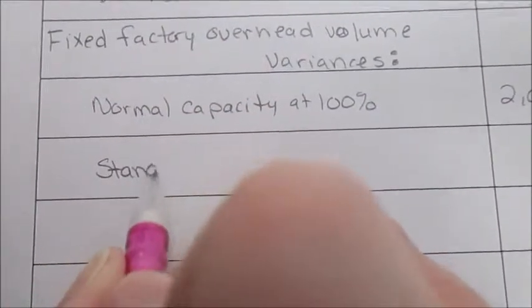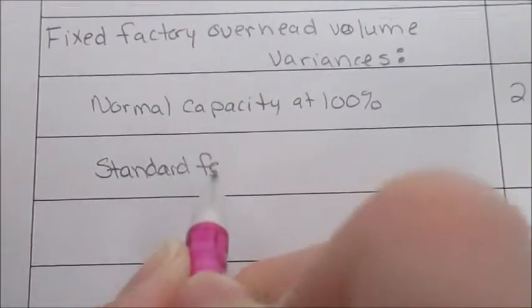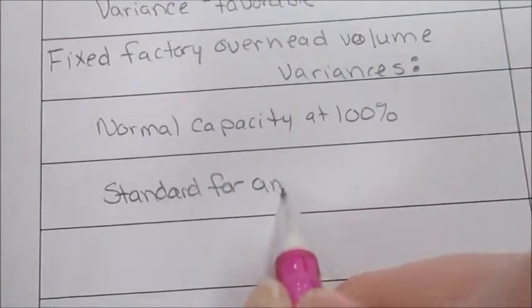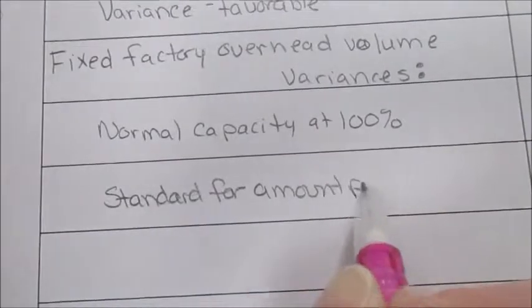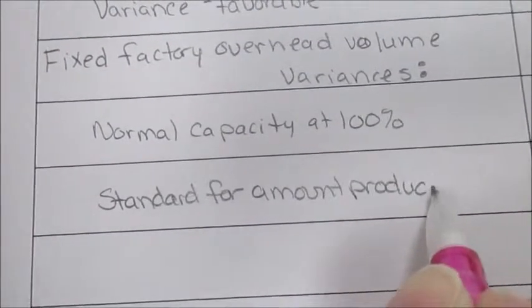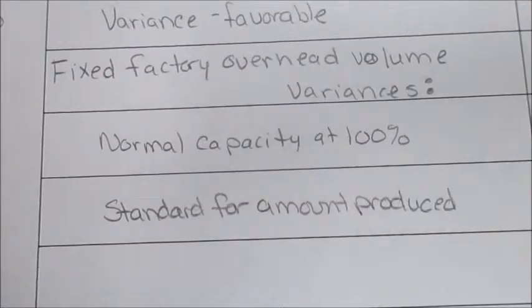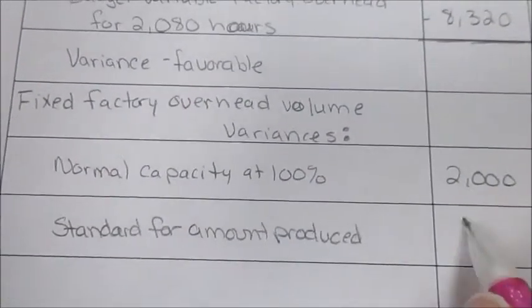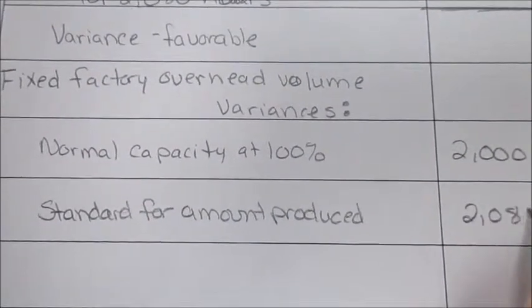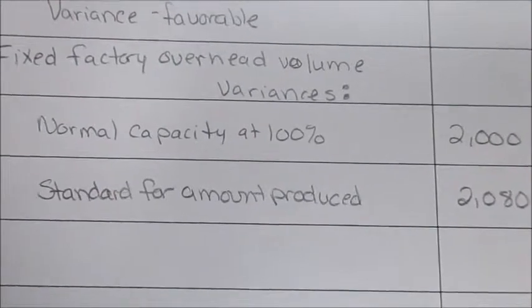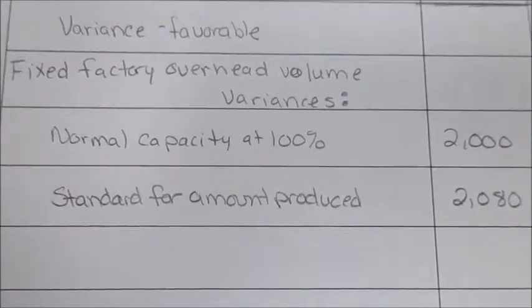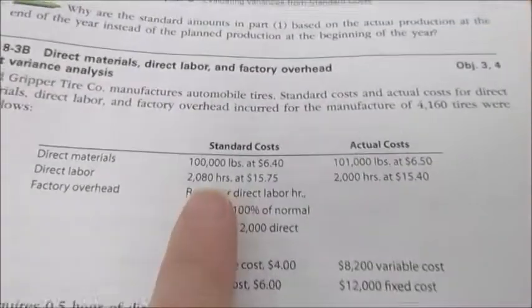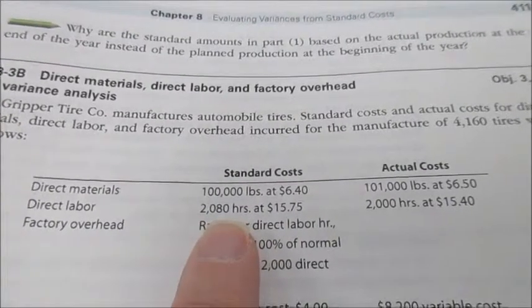Now, the next thing we're going to put in here was our standard for the amount produced. And we know that that number is 2,080, because our textbook told us up here under our direct labor that we used 2,080.